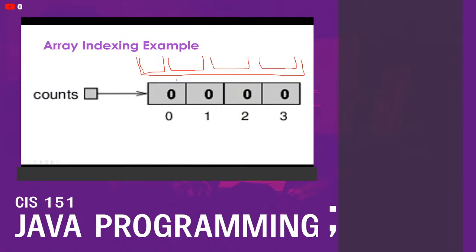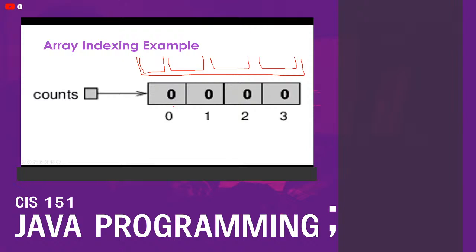And these 4 containers have an index location. And this index location allows us to reference the specific data that's inside of that container. So we can kind of think of it like an address.